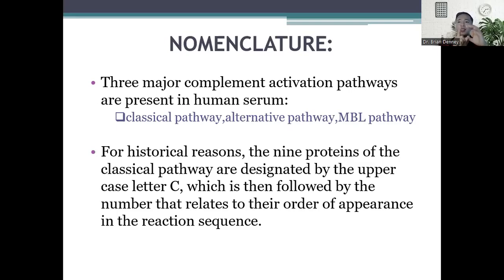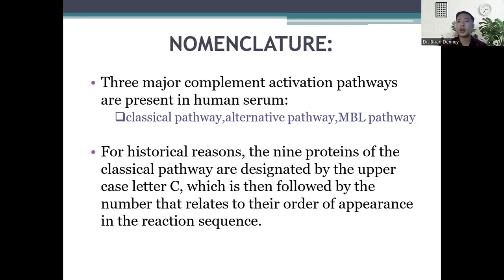Followed by C2, wrong. This is the exception now. C1 is followed by C4, followed by C2, followed by C3, followed by C4, C5, C6, C7, C8, and C9. So, okay, why?